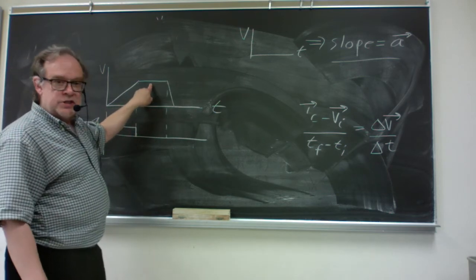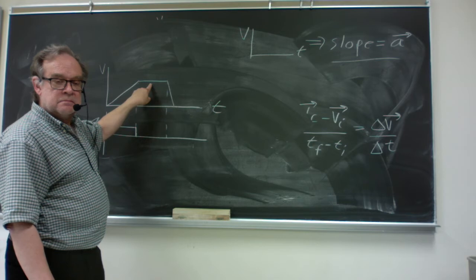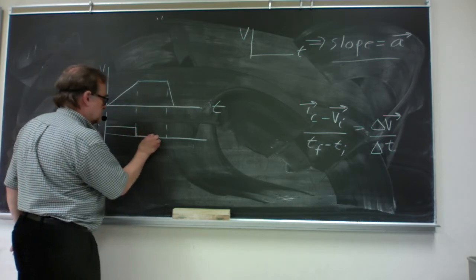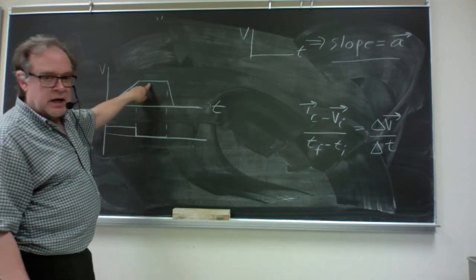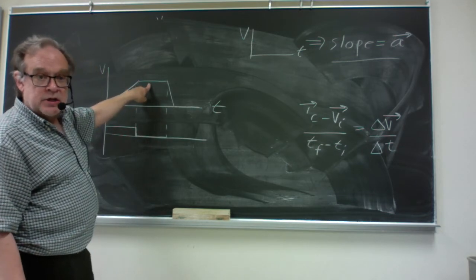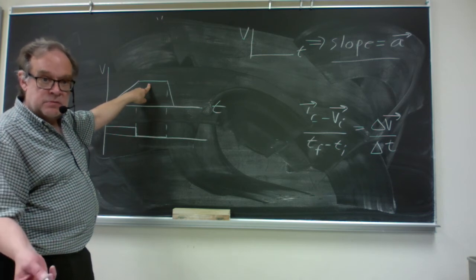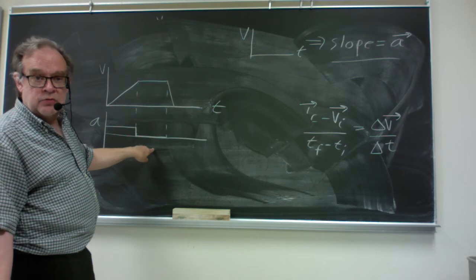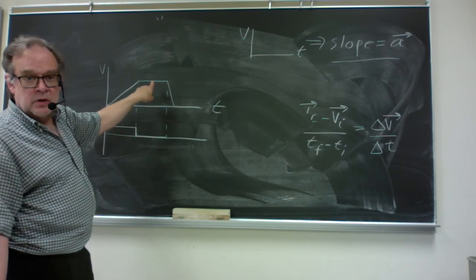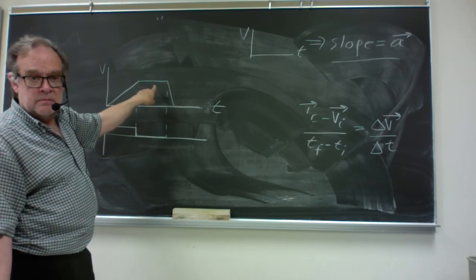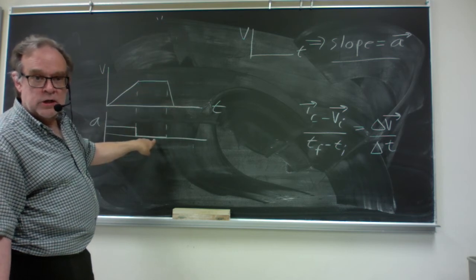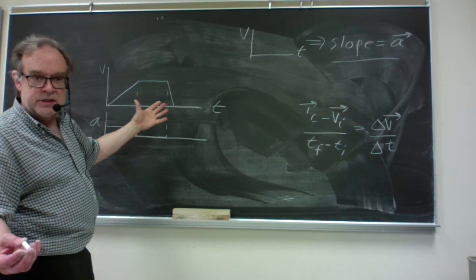And here you have zero slope, so zero acceleration. During this time, the velocity is not changing, so the rate at which velocity changes is zero. And acceleration is the rate of change in velocity. So unchanging velocity, velocity changing at a rate of zero, zero acceleration, they all mean the same thing.